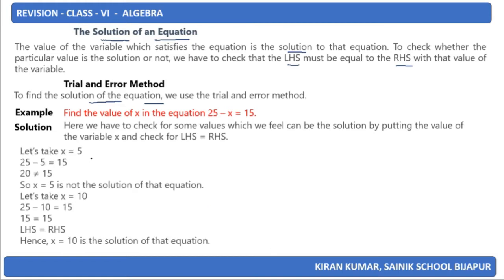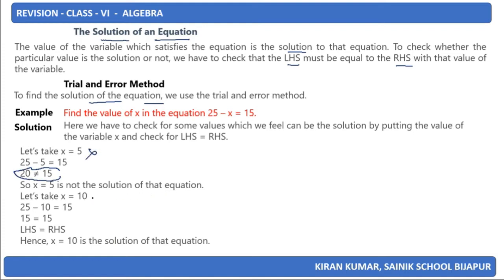Let's take the x value as 5. We check: 25 minus 5 will be 20, which is not equal to 15. So 5 cannot be the solution.